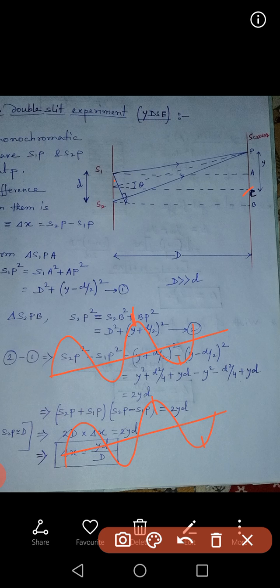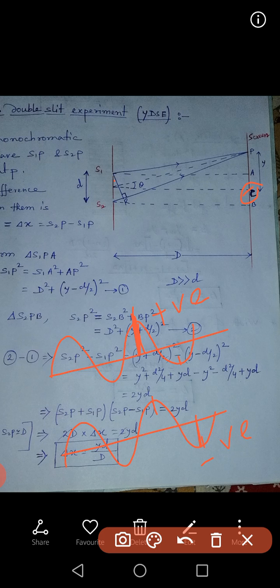And if it is so, the intensity at point C will never be 0, because if it is a crest, it has a positive value. If it is a trough, it has a negative value.